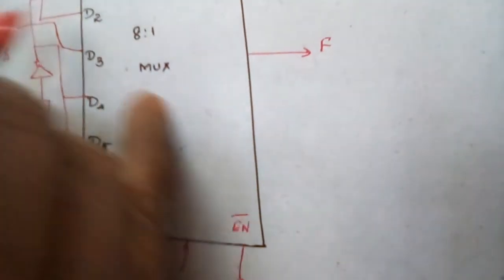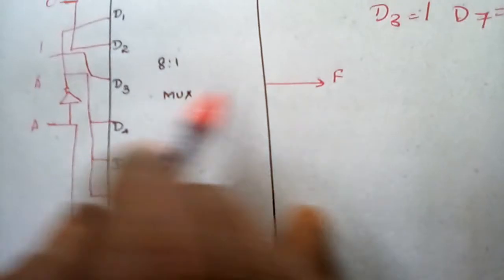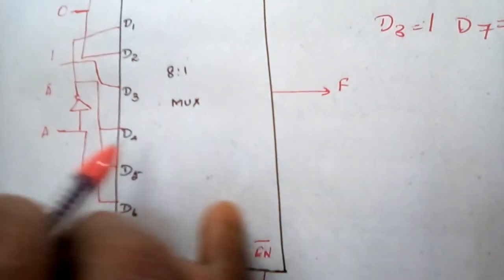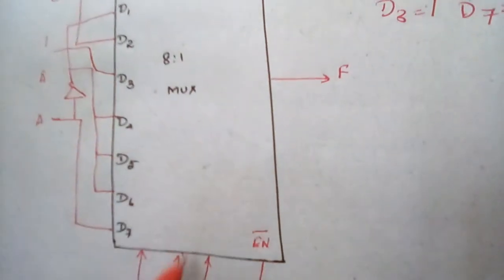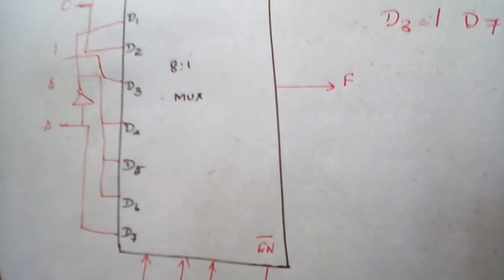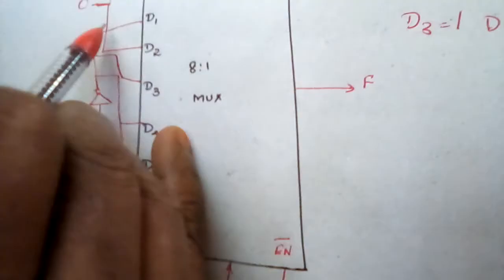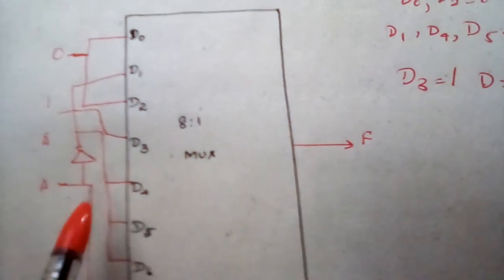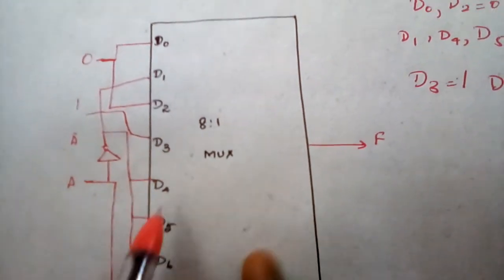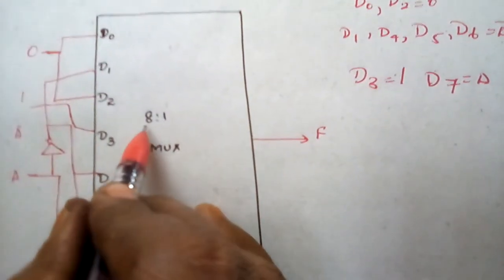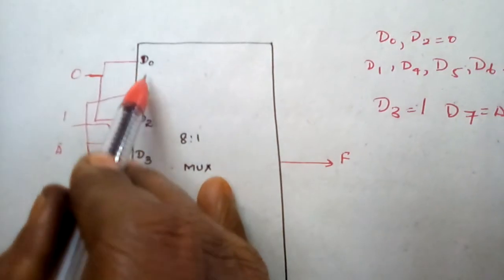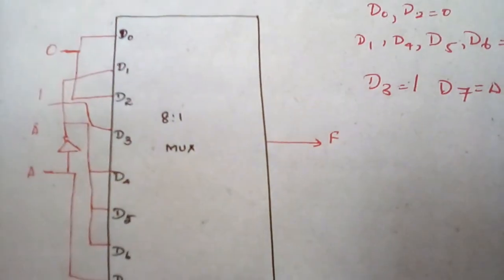So this is the implementation of the 8 to 1 multiplexer, right? Since for the 4 variable input, we have 3 select inputs and inputs from D0 to D7. Since it is an 8 to 1 multiplexer, we are considering D0 to D7, right?